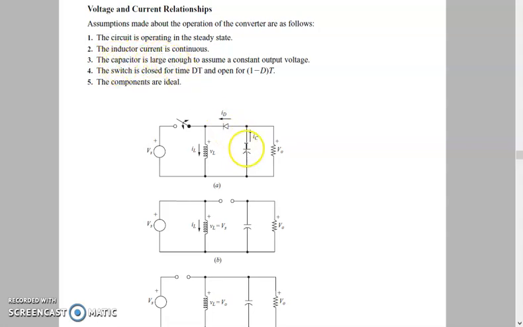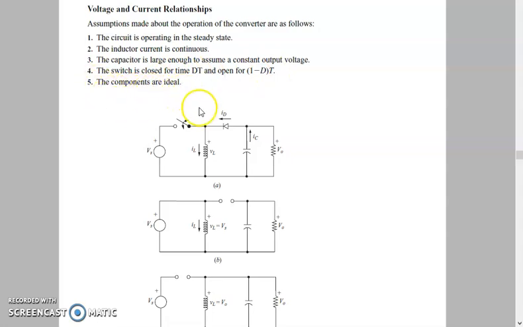The capacitor here is large enough to maintain a constant output voltage, and the switch is closed for the duty cycle times the total period. Closed means on, open means off, on and off for another 1 minus duty cycle times the period.